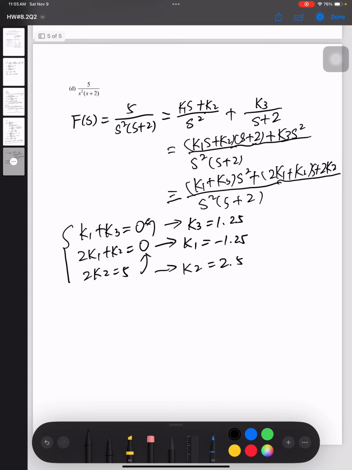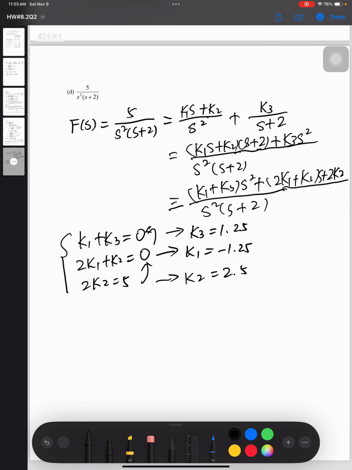So now we can eventually get F(s) equals minus 1.25 over s, plus k2, 2.5 over s squared, plus 1.25 over s plus 2.